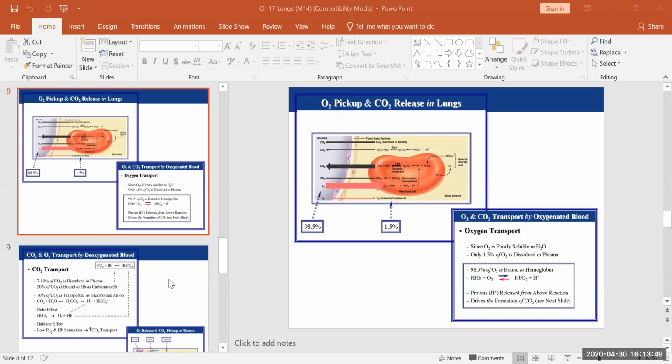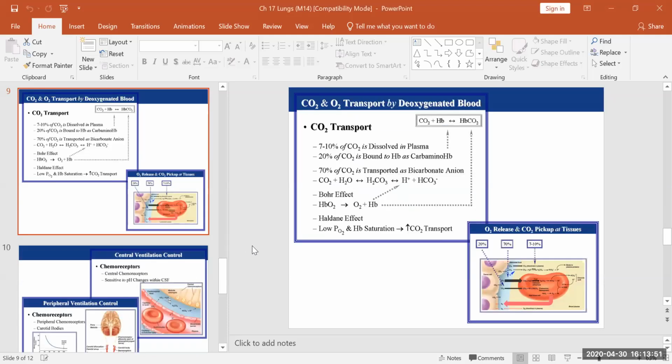So moving on to CO2 transport. There are three ways for the body to transport CO2. And the three ways are here. Up to 10% of CO2 is transported as is, because CO2 is 20 times more soluble in water, and blood plasma is 92% water.